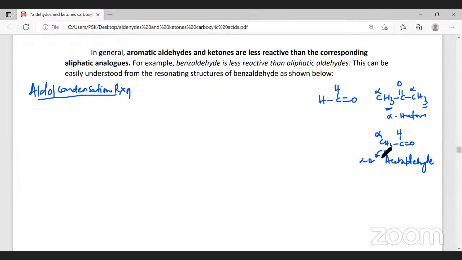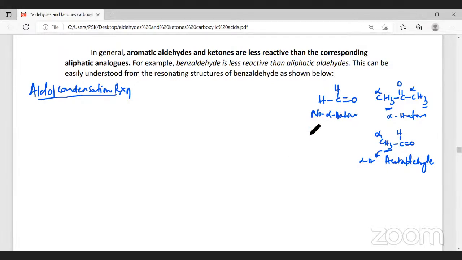Now, in case of formaldehyde, there is no alpha carbon atom because this molecule contains only one carbon. Since it contains no alpha carbon atom, this molecule contains no alpha hydrogen atom.